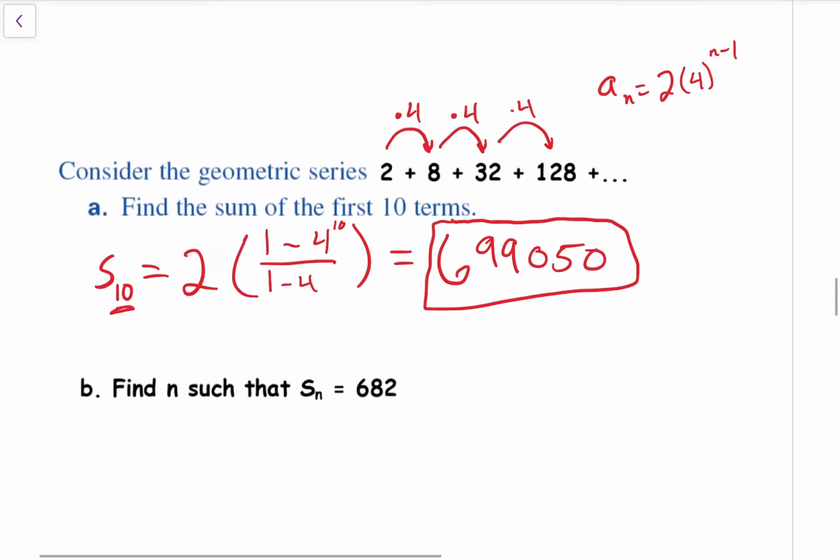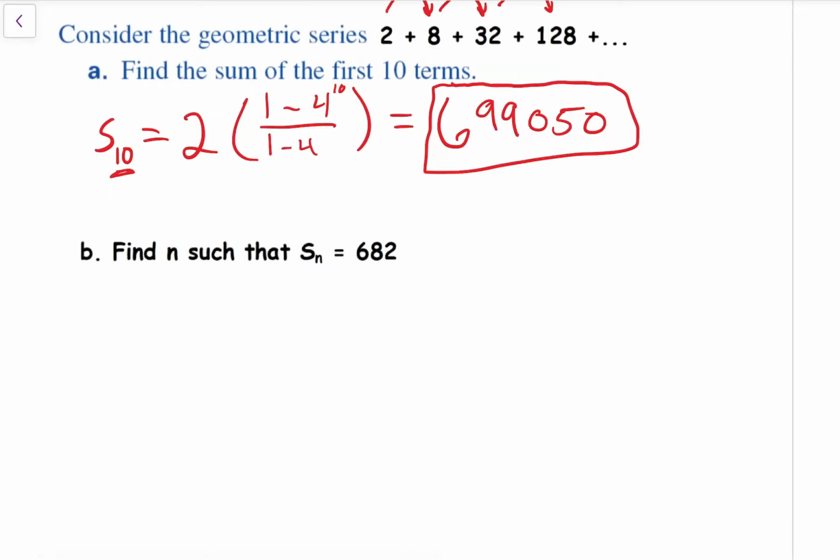Okay, so find n such that S sub n is equal to 682. So again, S sub n is equal to a1 times 1 minus r to the n over 1 minus r. Now we are given, in this case, S sub n. I know this. I also know my first term. I know my ratio.